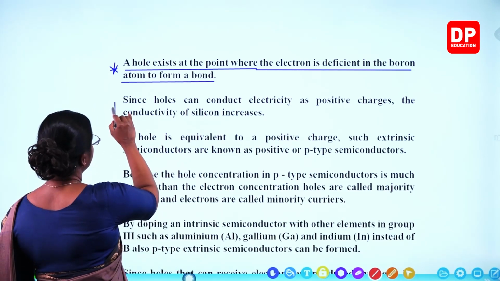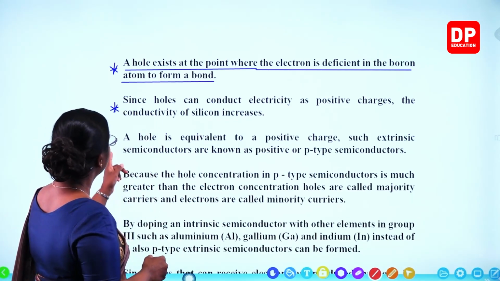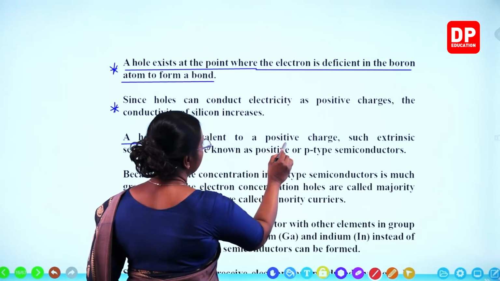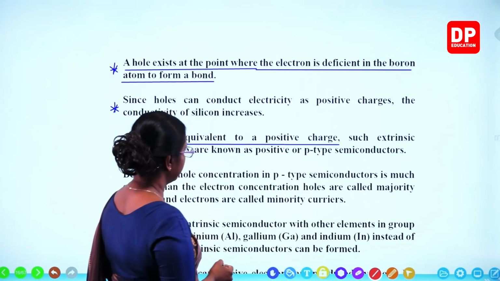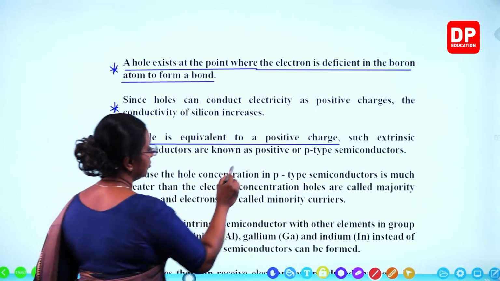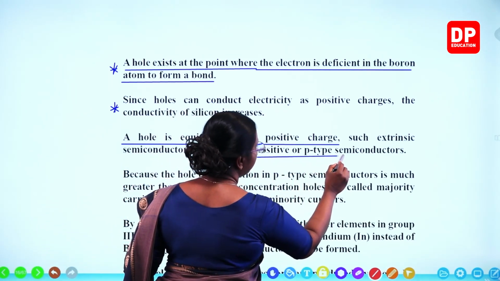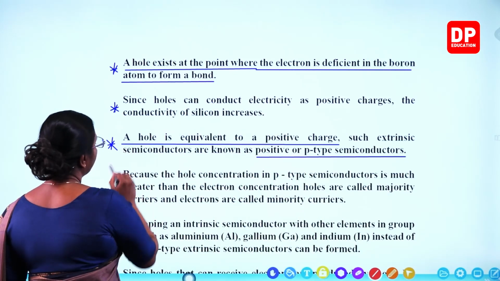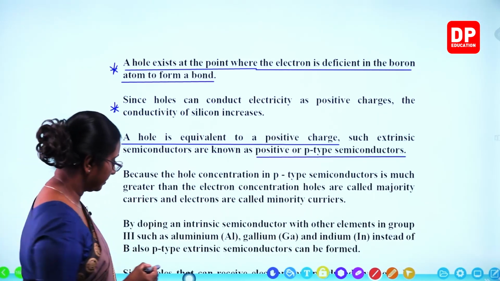So that is also something you know. A hole is equivalent to a positive charge. And such extrinsic semiconductors are known as positive or P-type semiconductors.